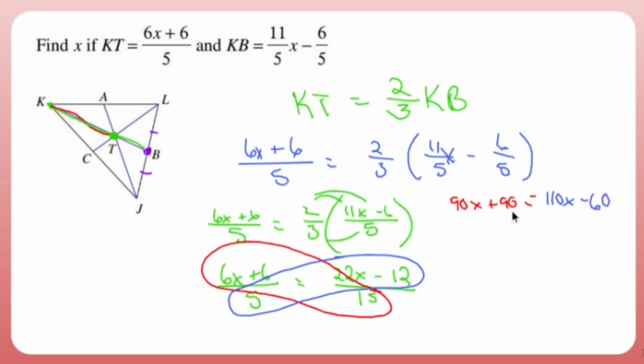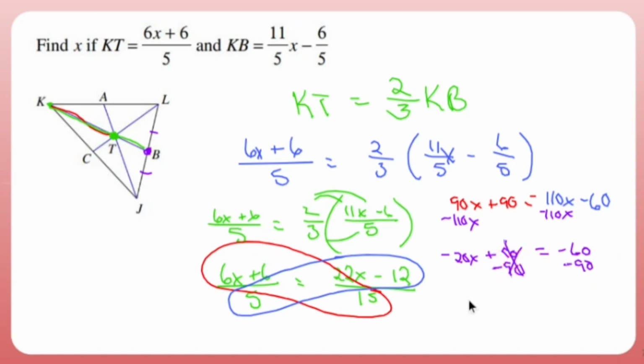And now I have variables on both sides of the equal sign. So why don't I subtract 110x from both? Minus 110x, minus 110x. That gets me negative 20x plus 90 equals negative 60. Let's subtract 90 from both sides.